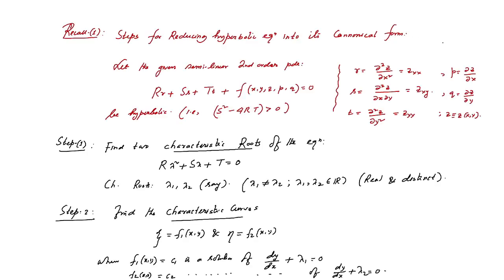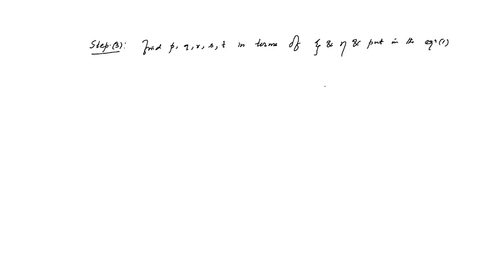What is 1 here? This equation is 1, the semilinear second order PDE. This is basically hyperbolic type. Equation 1, that means Rr plus Ss plus Tt plus function of x, y, z, p, q equals to 0.